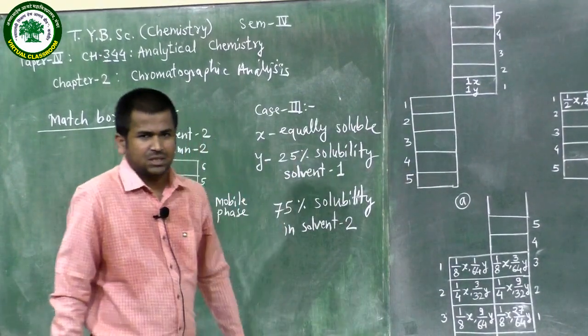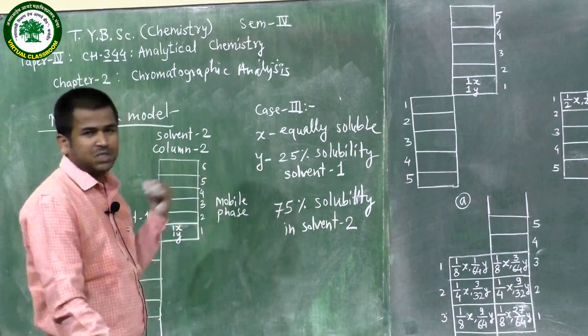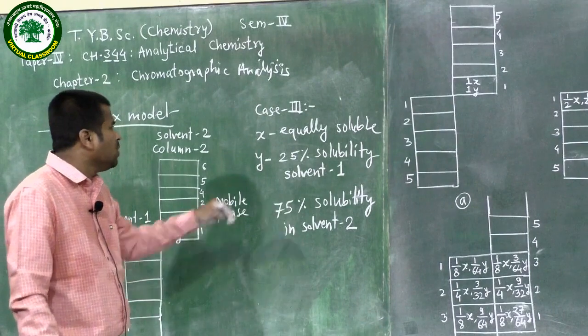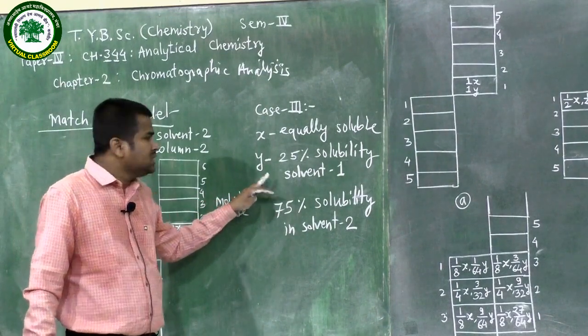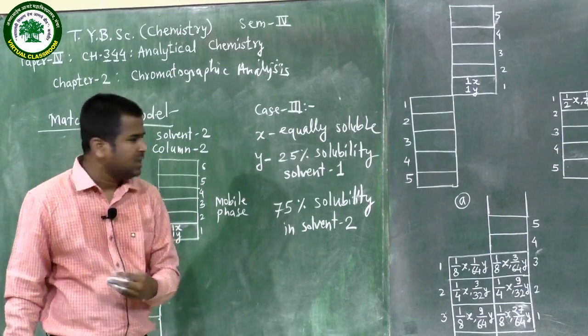So this is the last case, the third case, where the component x is equally soluble, 50-50%, in solvent 1 and solvent 2, while y has 25% solubility in solvent 1 and 75% solubility in solvent 2.